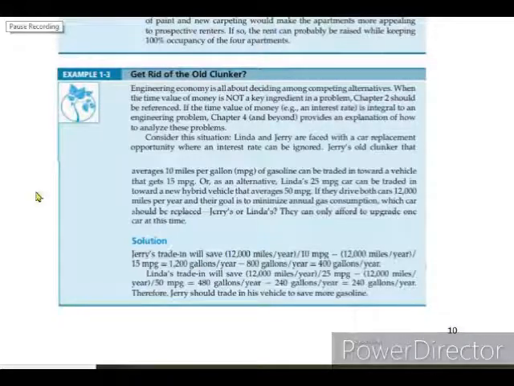For the solution, Jerry's trade-in will save 12,000 miles per year over 10 mpg minus 12,000 miles per year over 15 mpg, which is equal to 1,200 gallons per year minus 800 gallons per year, equals 400 gallons per year. So Jerry's trade-in will save 400 gallons per year. The computation is just simple.